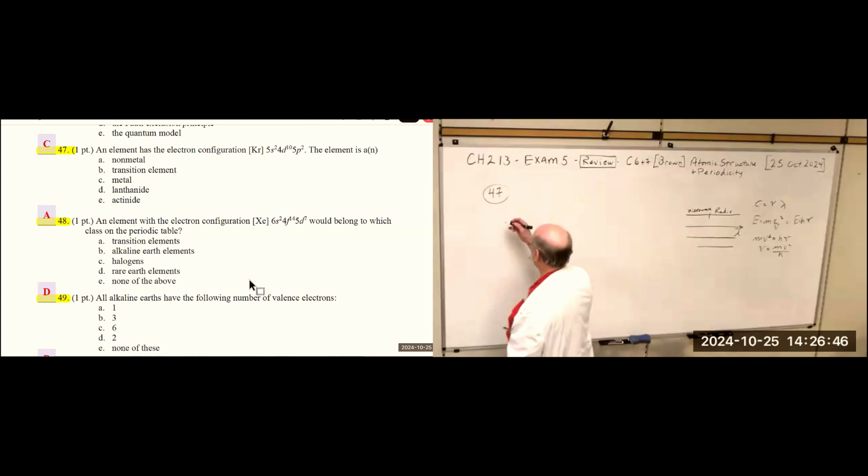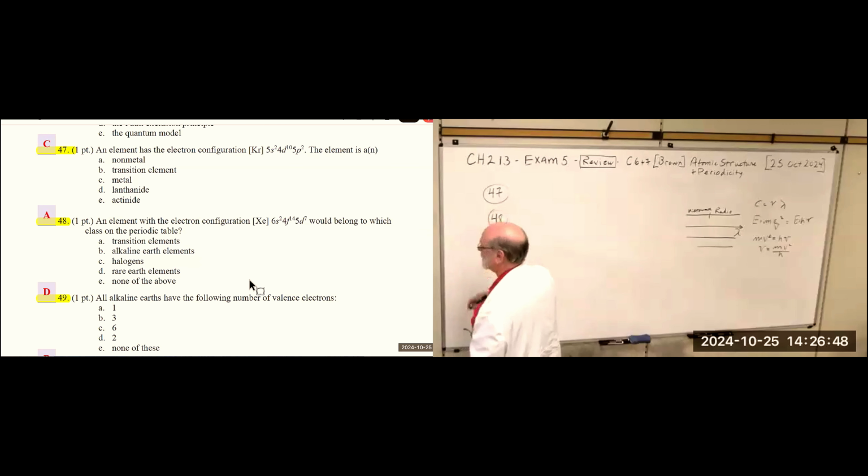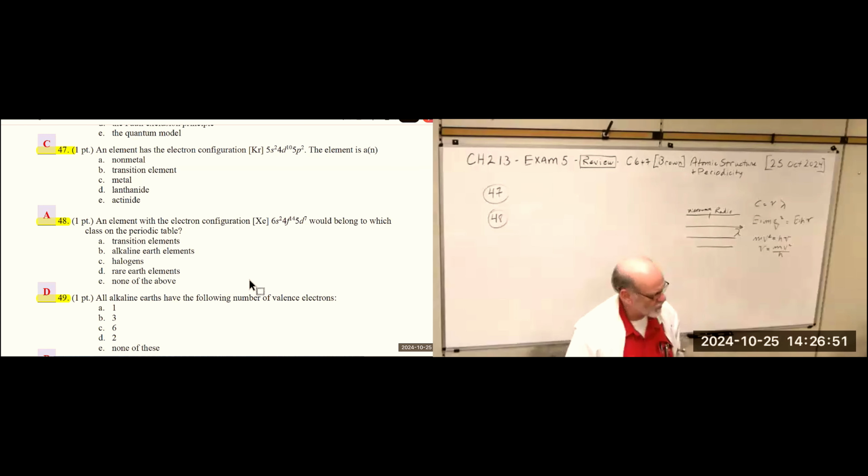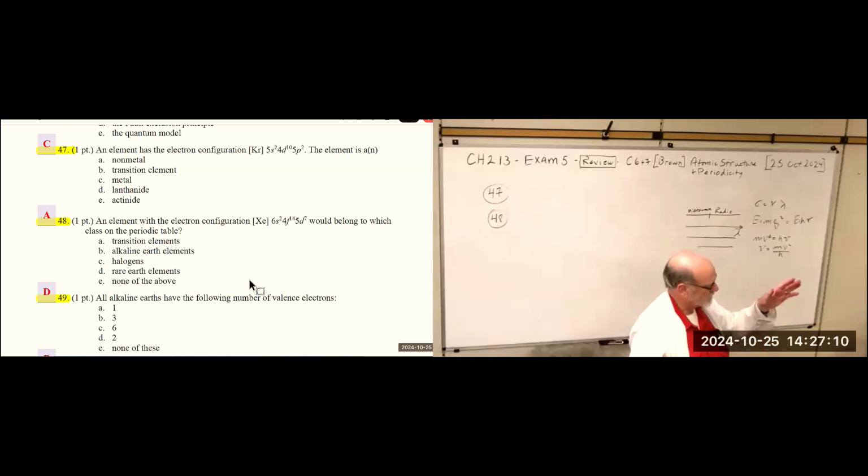48 gives us a different one. So 48 starts at xenon, and then it works down to 6s2, and then it goes to 4f14. Yep. And then once it gets there, it goes 5d7. All right. 1, lanthanum, hafnium, tantalum, tungsten, 1, 2, 3, 4, rhenium, 5, osmium, 6, and iridium, 7.